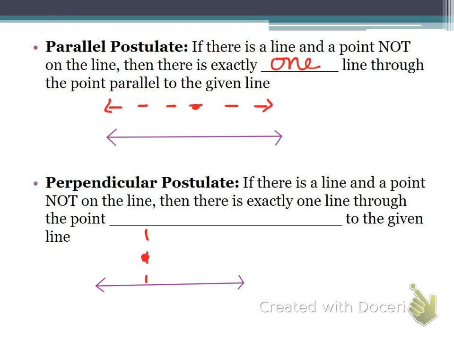So there's going to be 1 line that is perpendicular to it. Perpendicular means that it makes a right angle. Okay, so there's going to be 1 line that is perpendicular to the given line through that point.